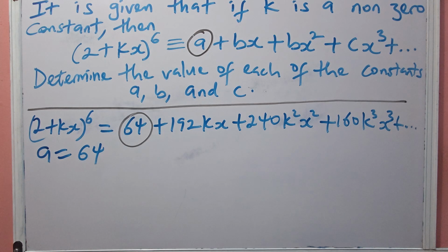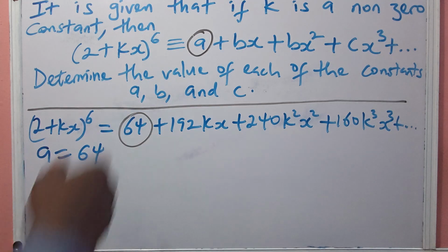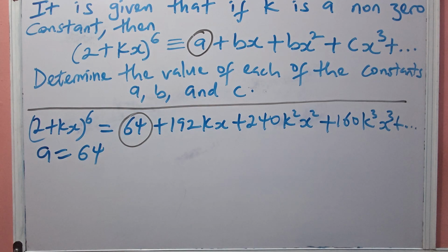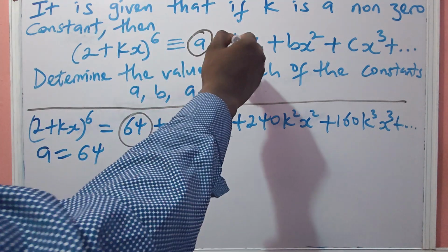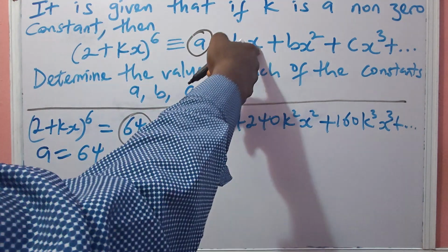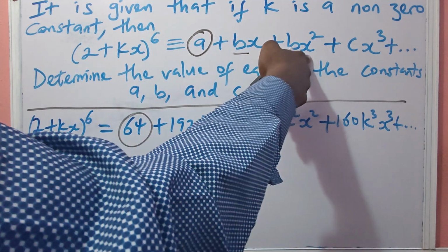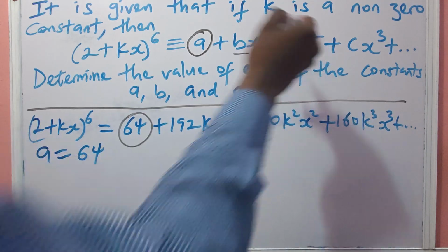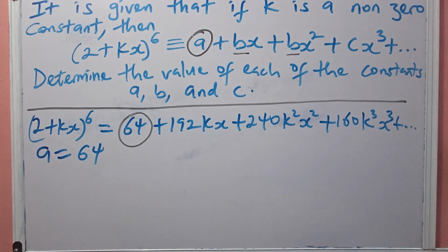All right. Now, to get the next constant value, the value for b, all you have to do is to study what you have right here. If you look here, the coefficient of x was b, which was the same thing as the coefficient of x squared.